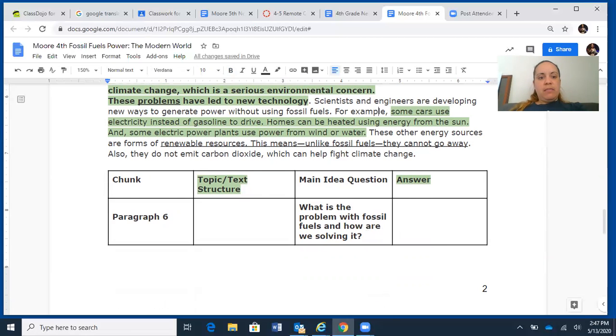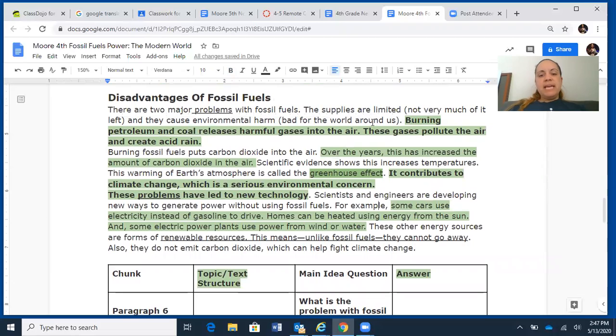We just talked about that. The problem is that the gases are polluting the air and that it's causing an environmental concern. The solution is this part, that we are now using electricity instead of gasoline, and that the homes are getting heated from the sun instead of using the gas.